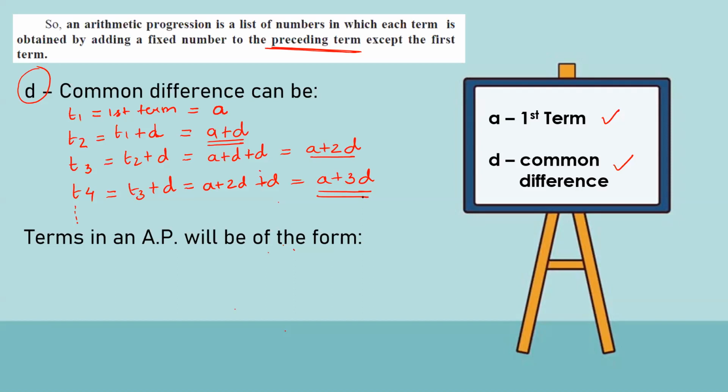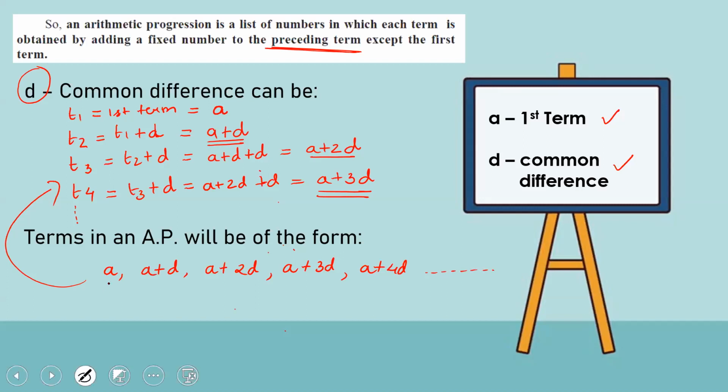Now, these are the terms in an AP. The terms in an AP will be of the form A, A plus D, A plus 2D, A plus 3D, A plus 4D, and so on. This will be your first term, which can be termed A1.